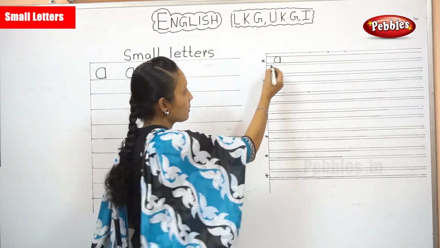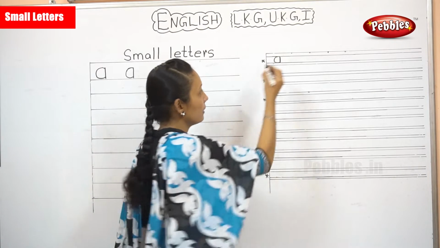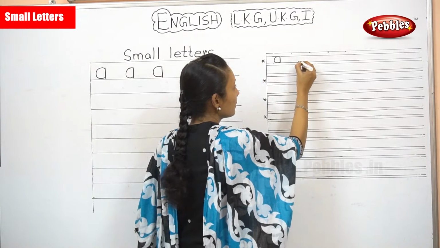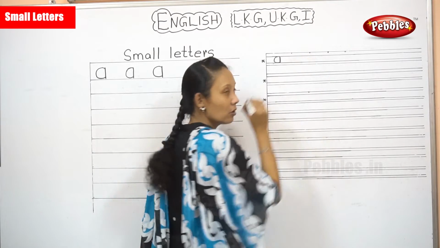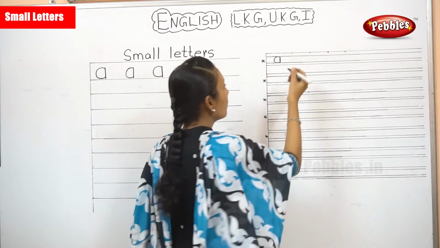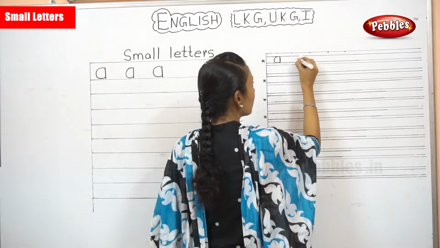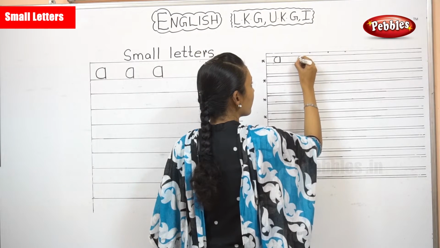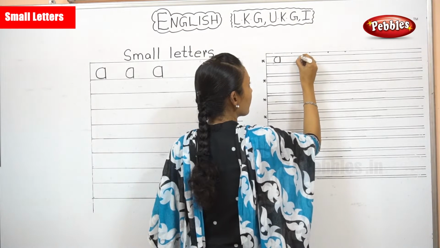Now this small a is written inside the 4 lines, only within the second and third line. You need to write it only into your second and your third line. Once again I'll show you your curve and your standing line.